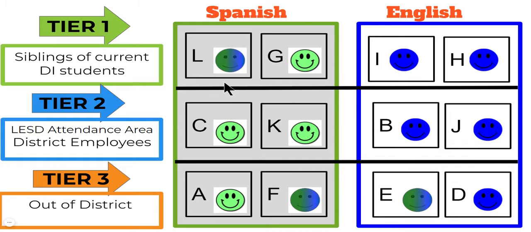Here we have the siblings of current dual immersion students in the Spanish language category, and here the siblings of current dual immersion students in the English language category. The same can be said for Tier 2 and Tier 3.